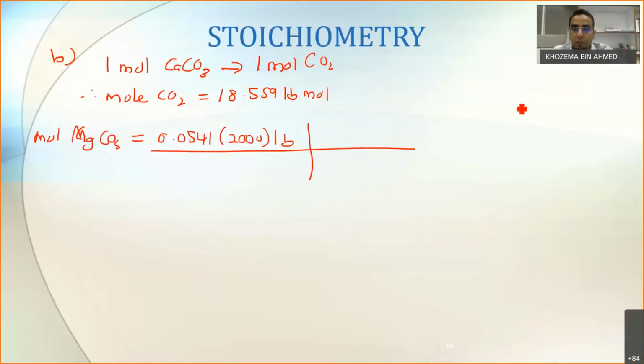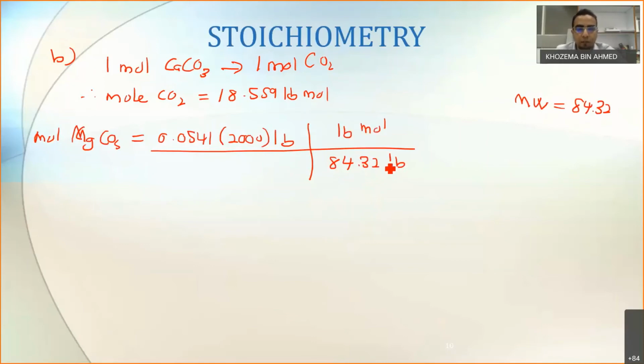The molecular weight of magnesium carbonate is 84.32 pound per pound mole.